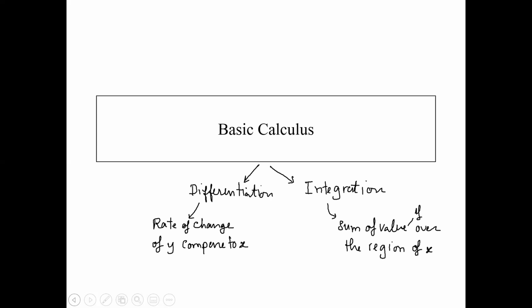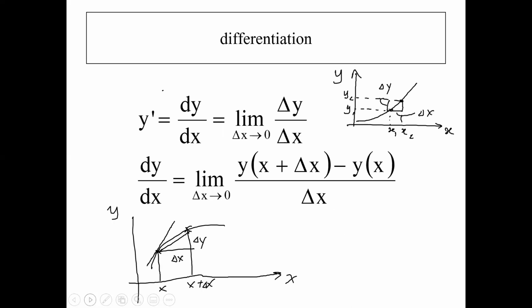To put it simply, differentiation is the rate of change of y compared to x, and integration is the sum of the value of y over the region of x, or the area under the curve between y and x. So we are talking about two things.